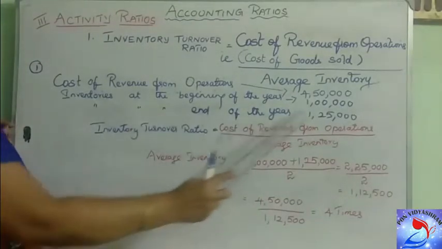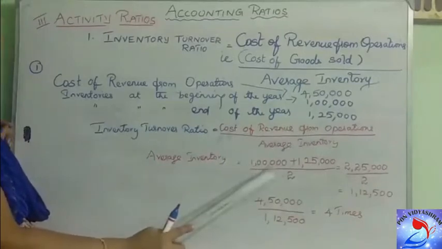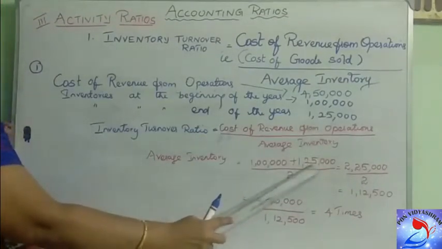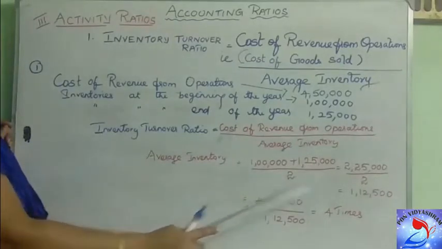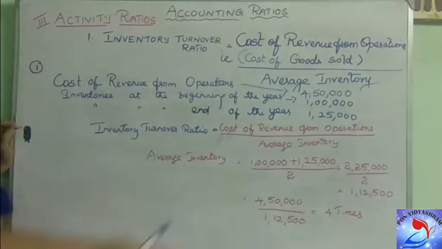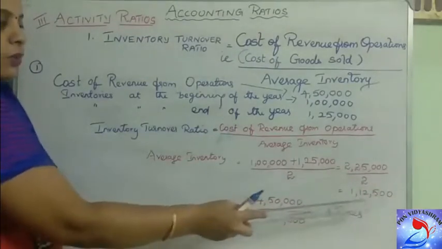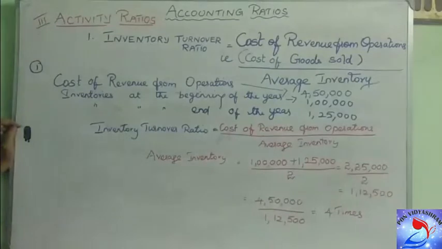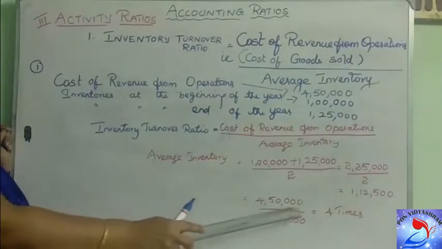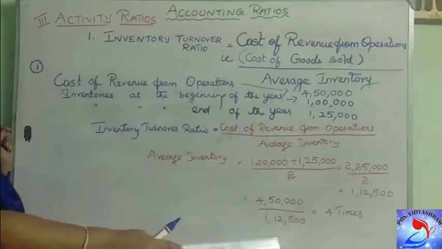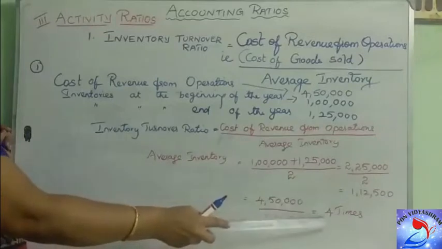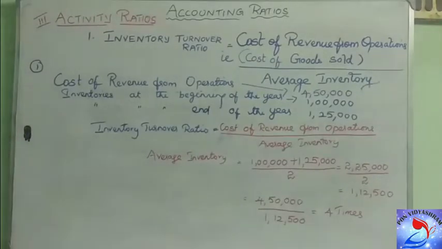Inventories at the beginning are 1 lakh and at the end 1,25,000, so 2,25,000 divided by 2 gives average inventory of 1,12,500. So 4,50,000 divided by 1,12,500 gives 4 times as your answer.